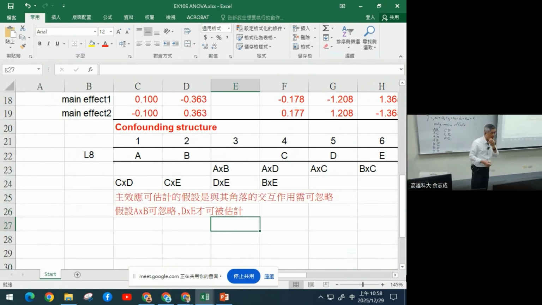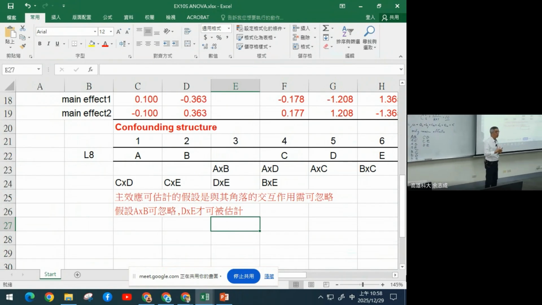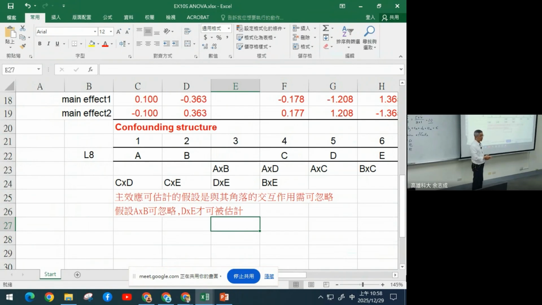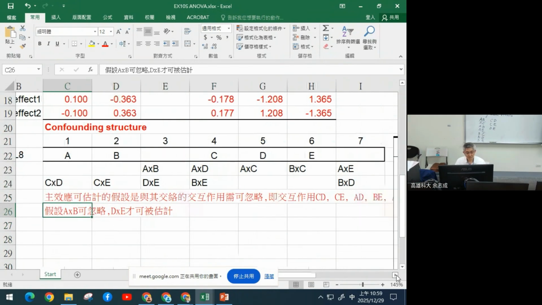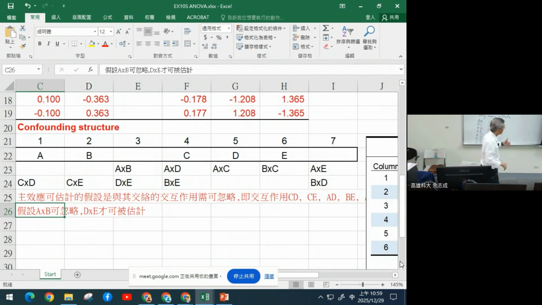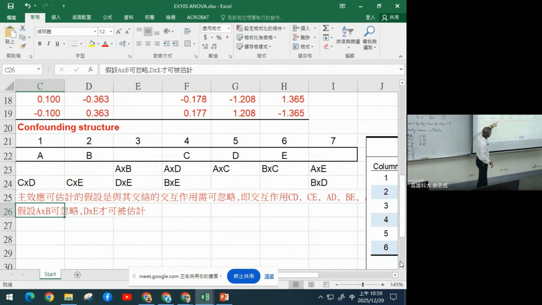When you want to do the analysis for the interaction, you have to check the confounding structures and understand what kind of risk you take when you estimate the interaction effects. First, you cannot estimate the interaction effects which are confounded with the main effects. So if you want to do the interaction analysis, you have to make sure that the confounding structures show that the interaction can be estimated.